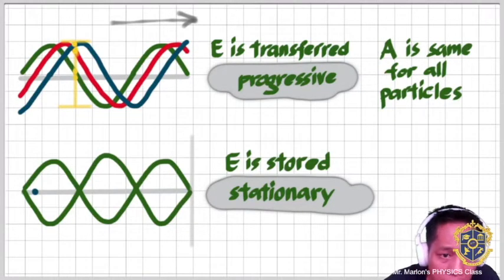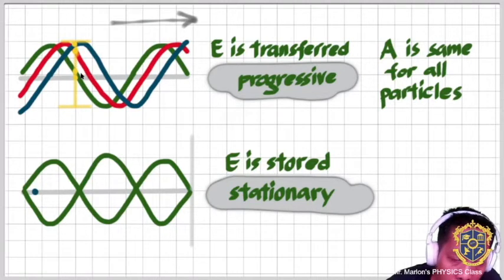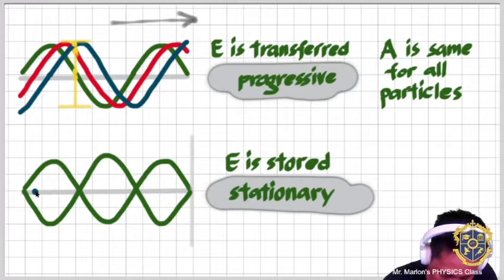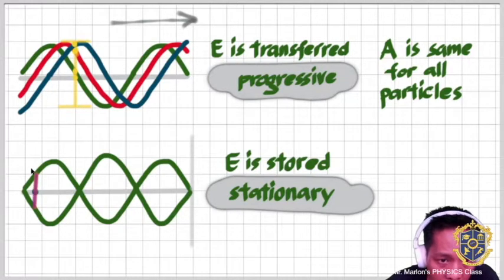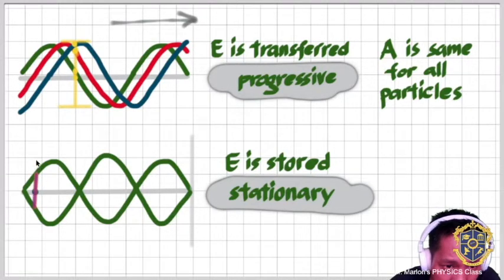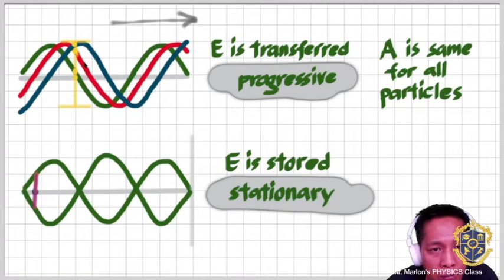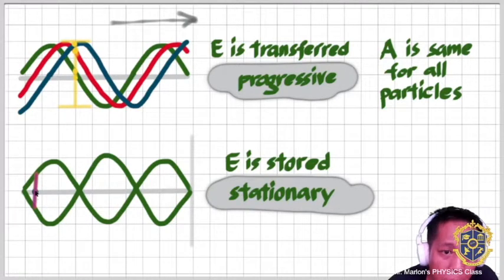Now imagine, just like what we did a while ago, we have a particle here, and this particle can be vibrating, moving up there, then it goes down, and then can move up there also. However, it cannot go up here. Unlike in the progressive wave, where they can reach the same peak, the particles are limited to some value of amplitude.